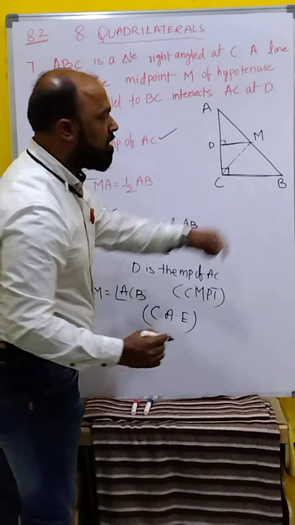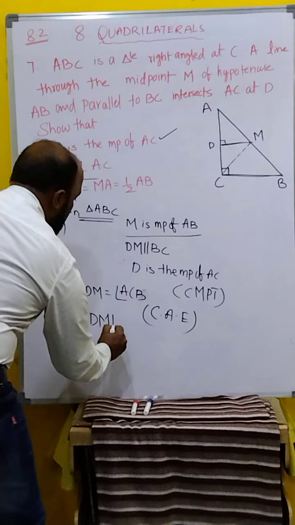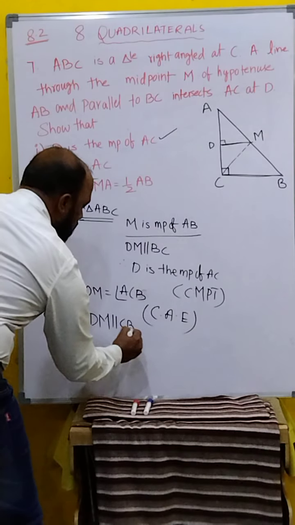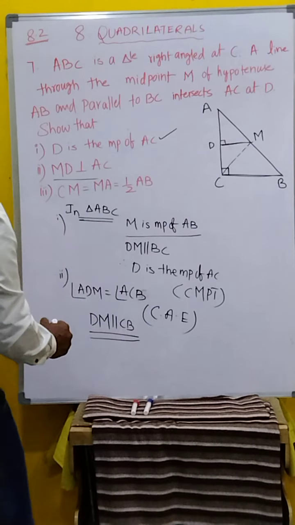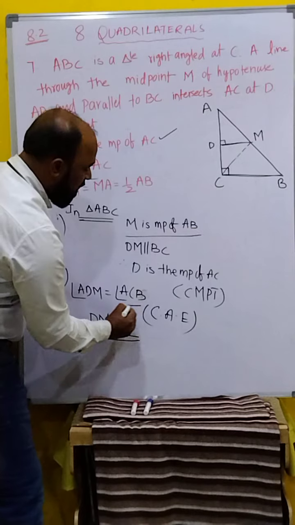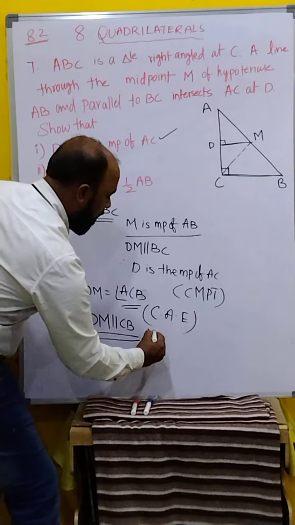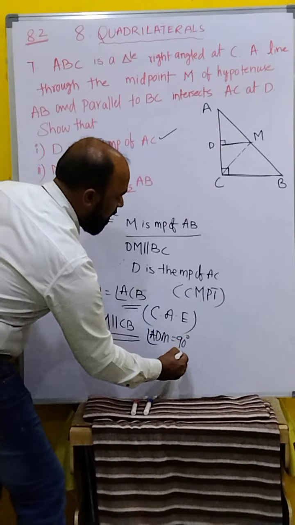Why corresponding angles? We know that DM is parallel to CB. That is the reason. That means this value is 90 degrees. Angle ADM is equal to 90 degrees.